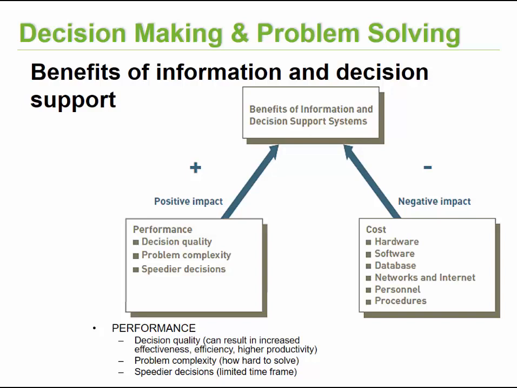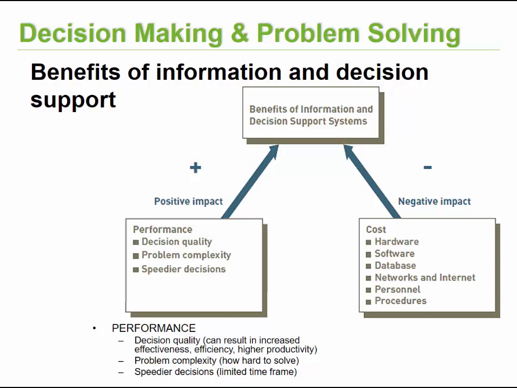So the better decisions we can make, the better our company will function. It can also relate to problem complexity. How hard is it to solve decisions? For example, if it's going to take a human too long, a system might be better to aid a human in coming to quicker decisions. And then the last one, we will get speedier decisions. Because companies work on limited time frames, it is actually very important that executives and all managers get to decisions quite quickly.